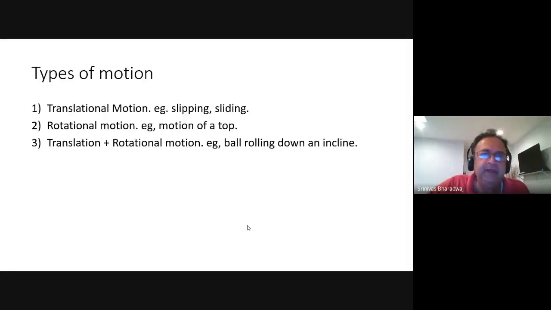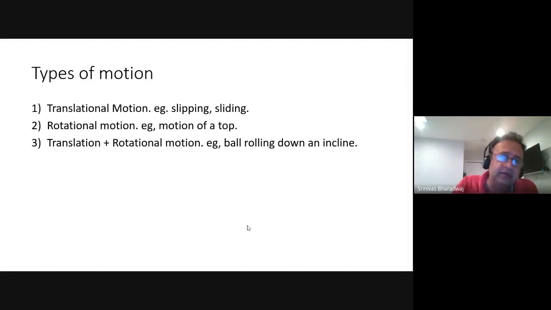Now, the most common three types of motion we deal with are, first, translation, where there is sliding, where you have all this free body sliding. Rotation, right? Rotational motion we have not dealt with, we'll be coming to it later.